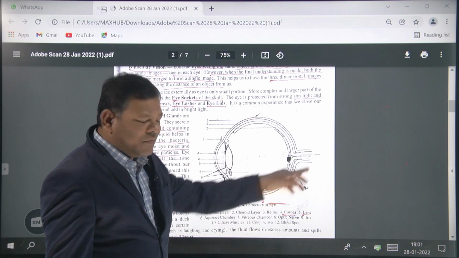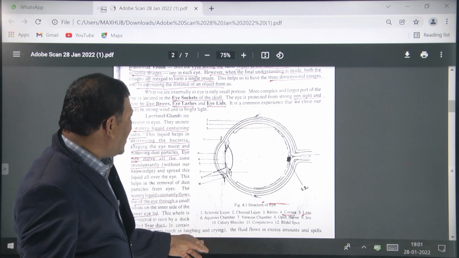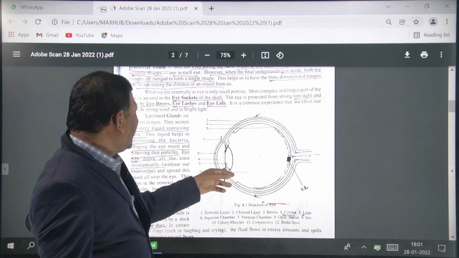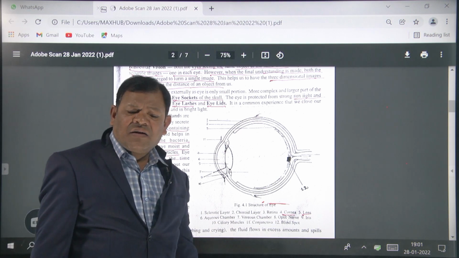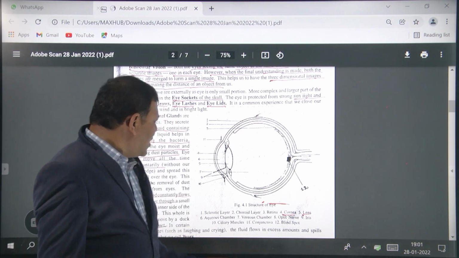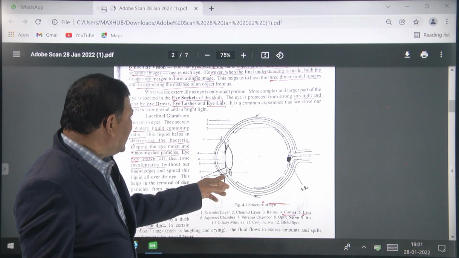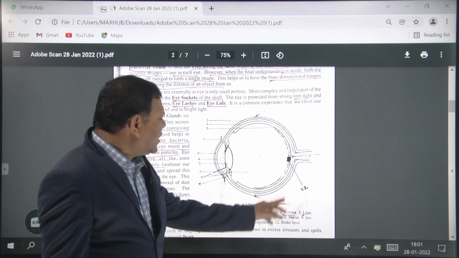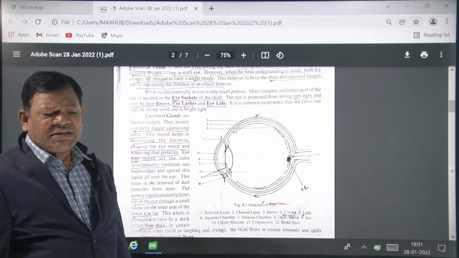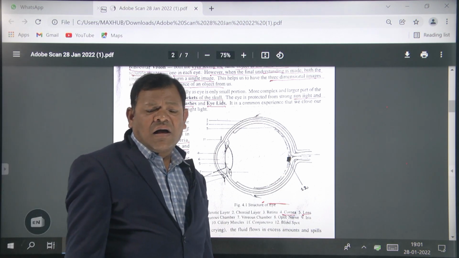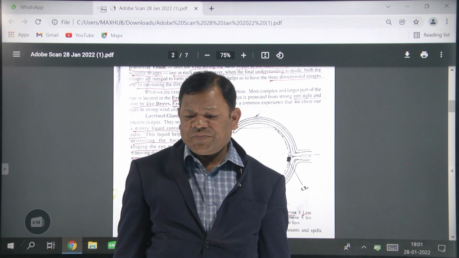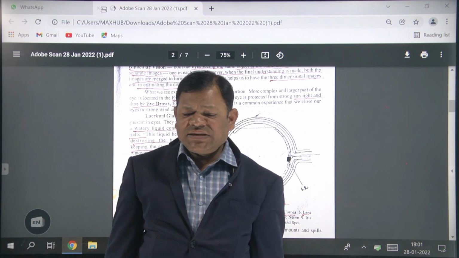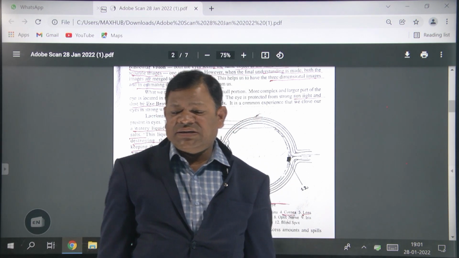Next, ninth one is the iris. Actually, in the Aadhaar card we take the iris. And 10th one is the ciliary muscles. 11th one is the conjunctiva. 12th one is the blind spot. These are in your textbook. You have the textbook. First you can see these parts.